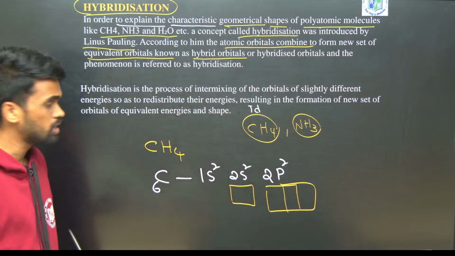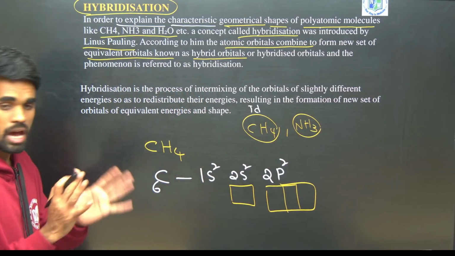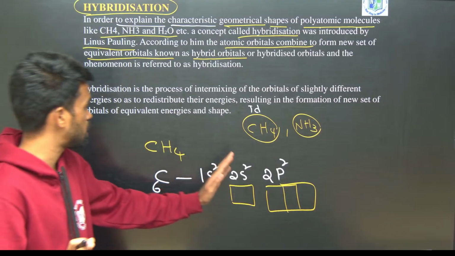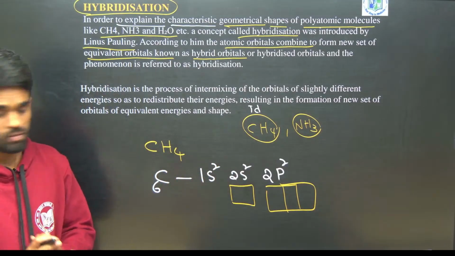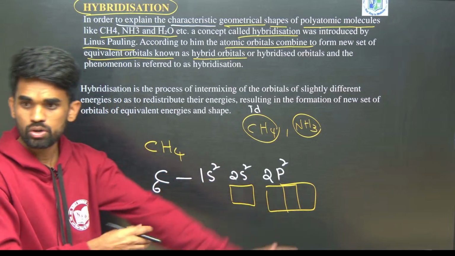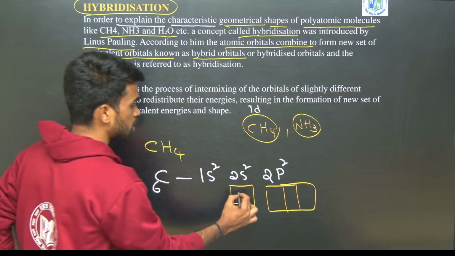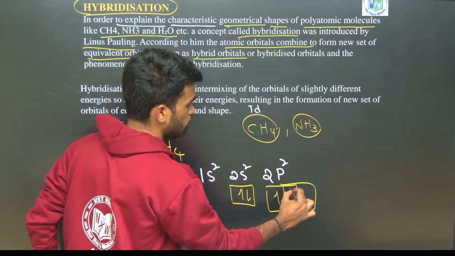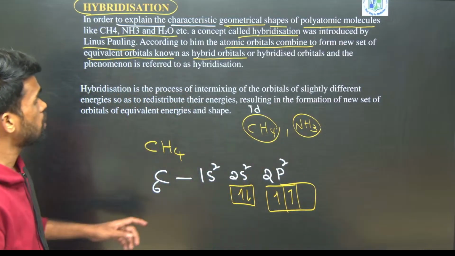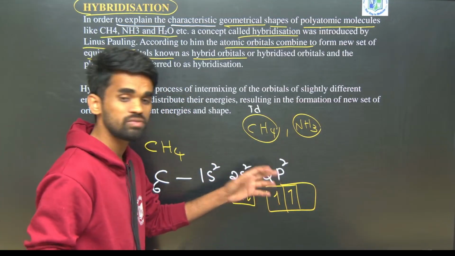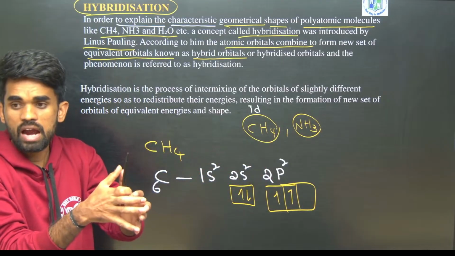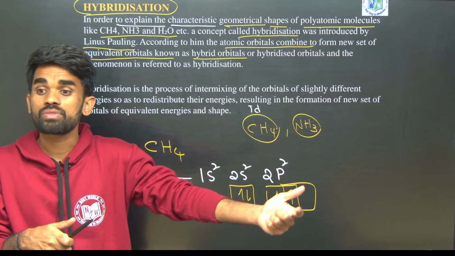During hybridization, only the valency orbitals of the central atom participate. What are the valency orbitals? Only 2s and 2p2. How many electrons are there? 1, 2, 3, 4. Four electrons. Now these valency orbitals combine with themselves and form a new set of orbitals called hybrid orbitals.